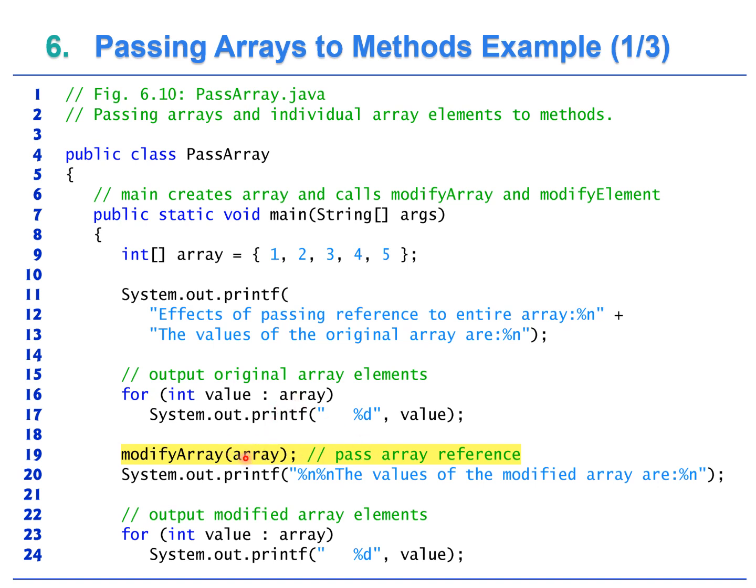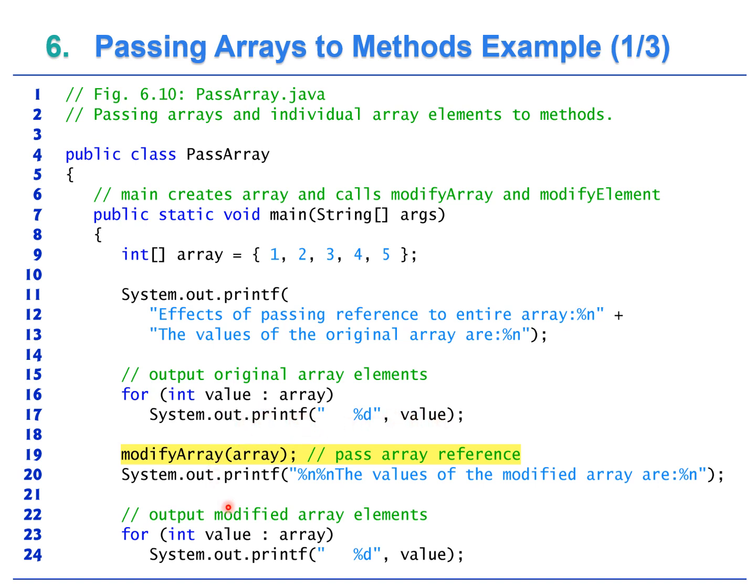The method main starts by declaring and creating an array of 5 int elements initialized to the values 1, 2, 3, 4, 5. Then it displays the values of the original array before the array is passed to the method modifyArray. This enhanced for statement just goes through the array elements and displays their values.